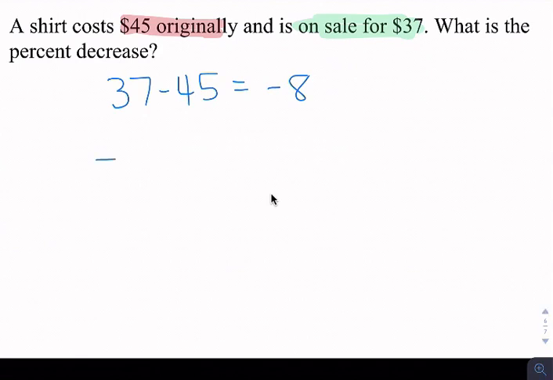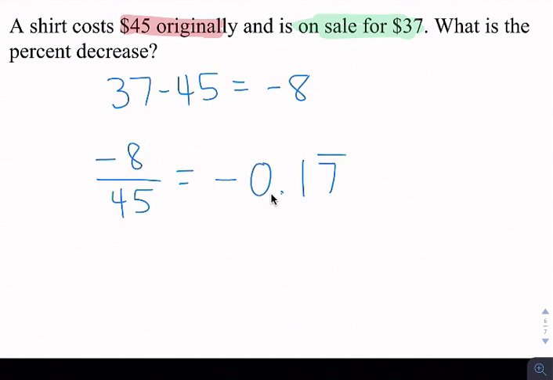Now we take the difference of negative 8, telling us it's decreasing because it's negative, and we divide it by not 37, the original, which is 45, which gives us negative 0.17 repeating.